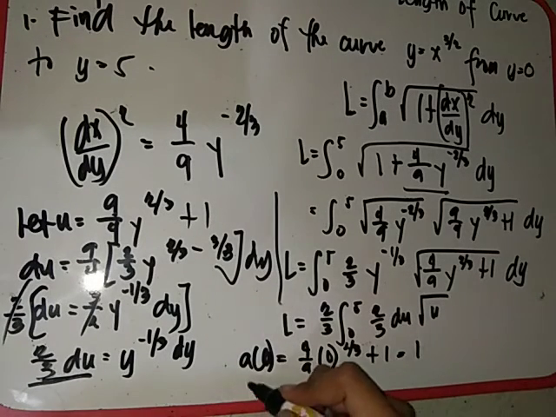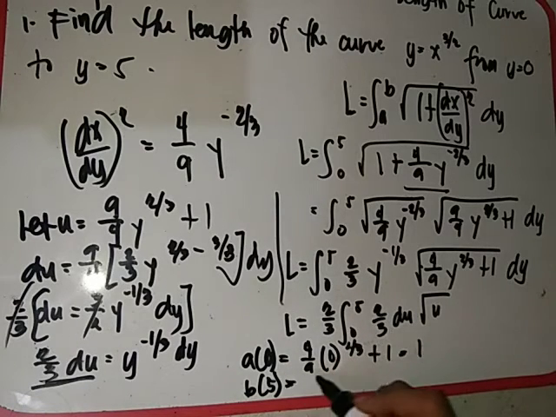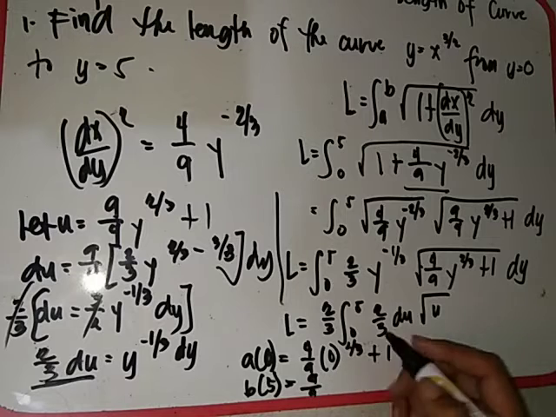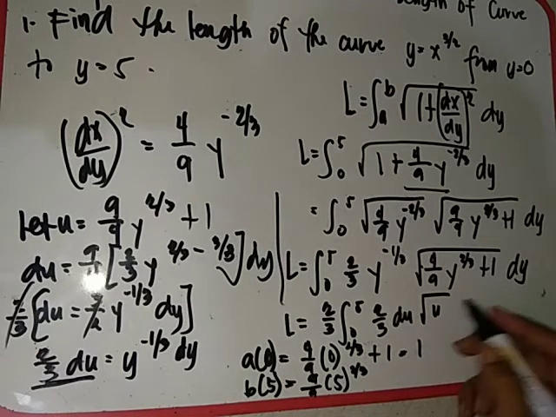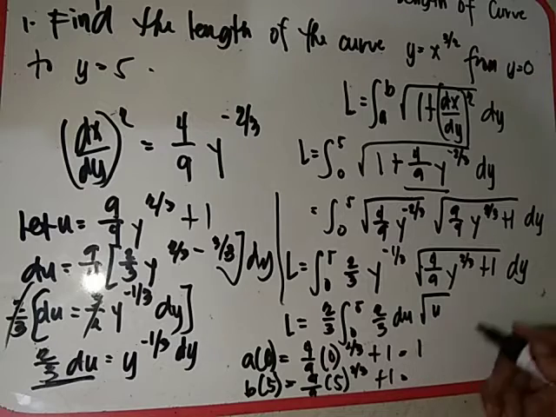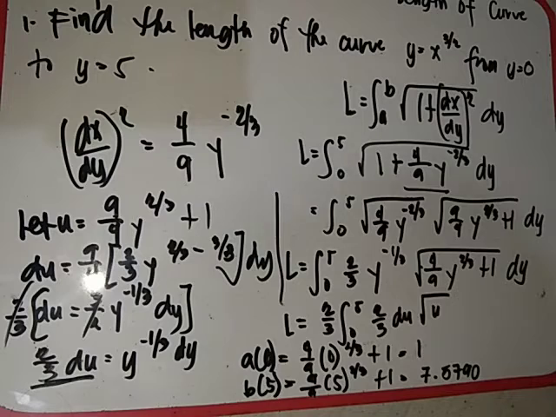And then for our b is 5. We have 4 over 9 multiplied by 5 raised to 2/3 plus 1 is equal to 7.5790.